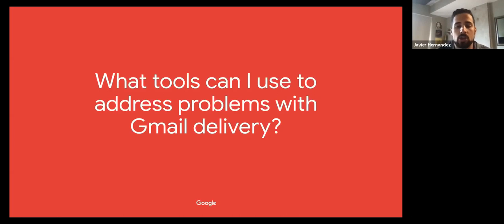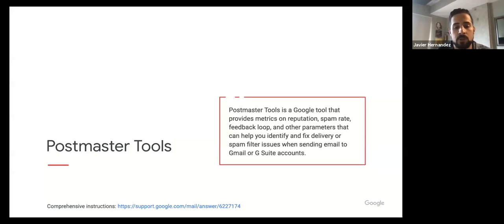What could you be using? Your best bet is going to be Postmaster Tools. Postmaster Tools provides metrics on reputation, spam rate, feedback loop, and other parameters that can help you identify and fix delivery and spam filter issues when sending email to Gmail or G Suite users.